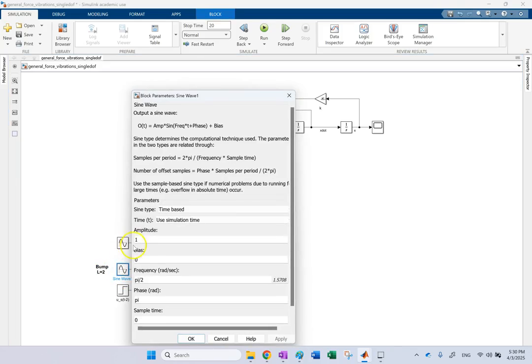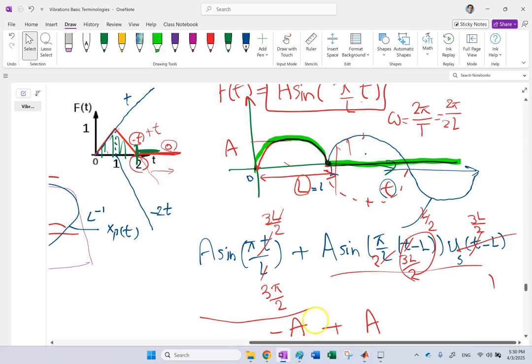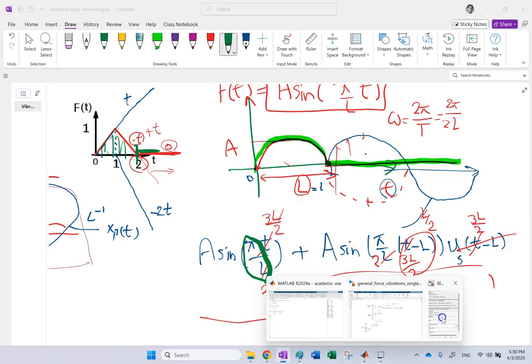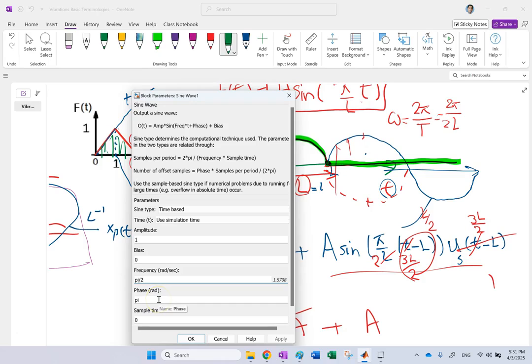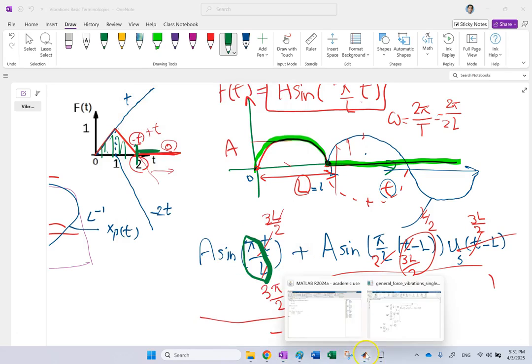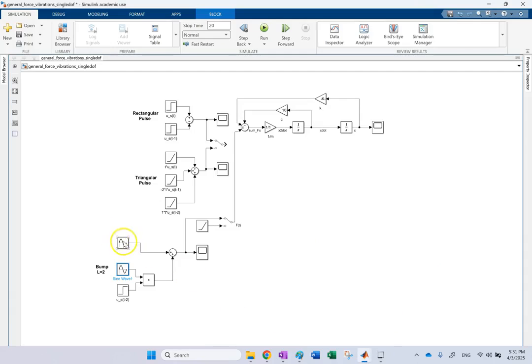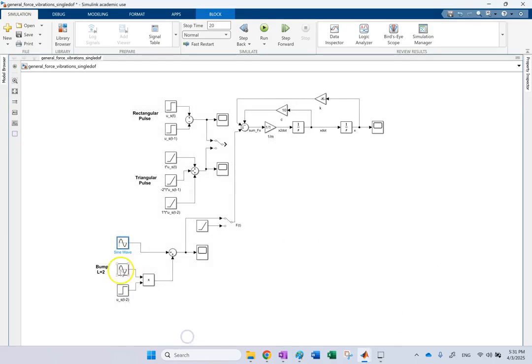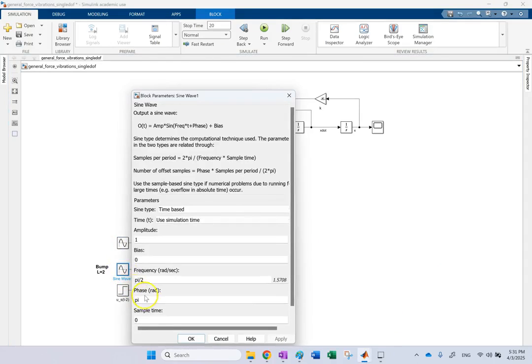And so you can see that my sine wave has a frequency of pi over 2, because remember, the frequency, as I said, is pi over L. And if L is 2, the frequency of my signal should be pi over 2, which it is. Now, if you look, this original one has a phase of 0, but this next one that starts with the delay, the phase of it is pi.